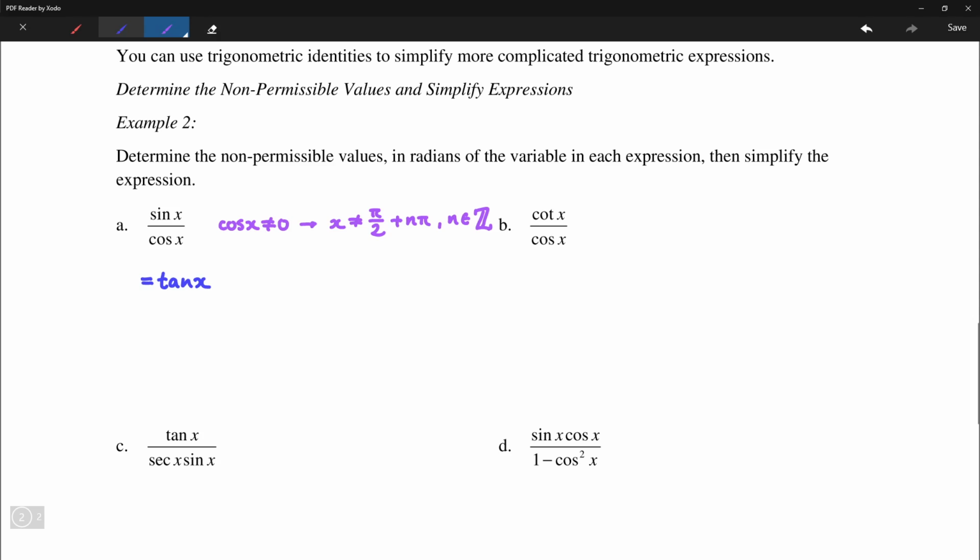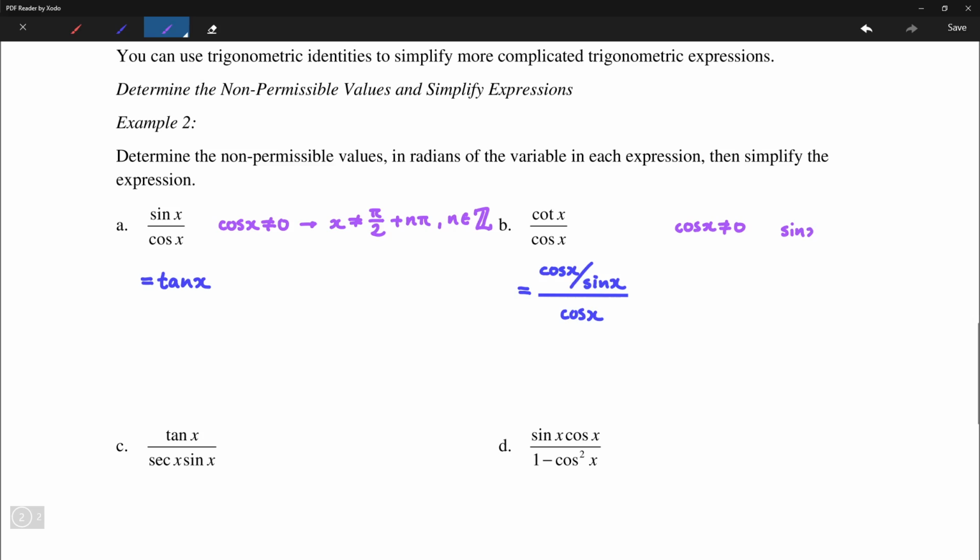Okay, let's look at a second example here. So this one is a little bit more involved because cotangent can be first expanded to say cosine x divided by sine x, and this will be all over cosine x. Okay, so that means not only do we have cosine x cannot be equal to 0 on account of the denominator in the original expression, we also have to contend with the fact that cotangent x is equal to cosine x over sine x, so we have a denominator of sine x as well.